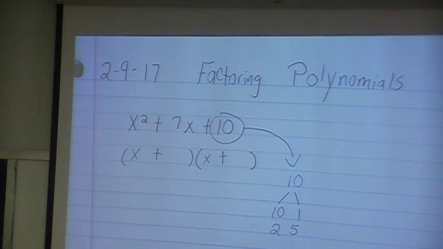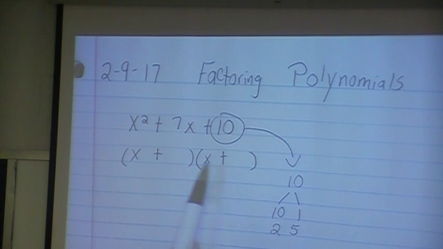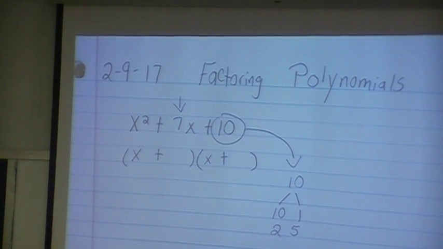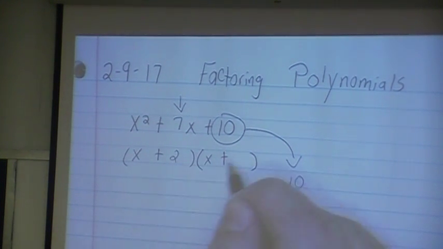You say, well, can I just use any factor? No. Here's where the puzzle is. I need the factors of 10, since I'm adding. When I add them up, it gives me my middle number. The factors of 10 that when I add them up, give me my middle number. Well, I know it's not 10 and 1, so it's 2 and 5.